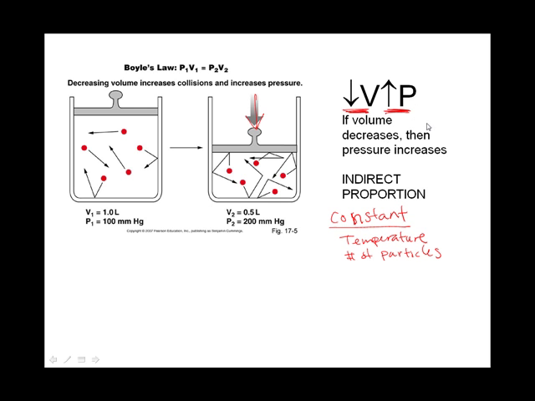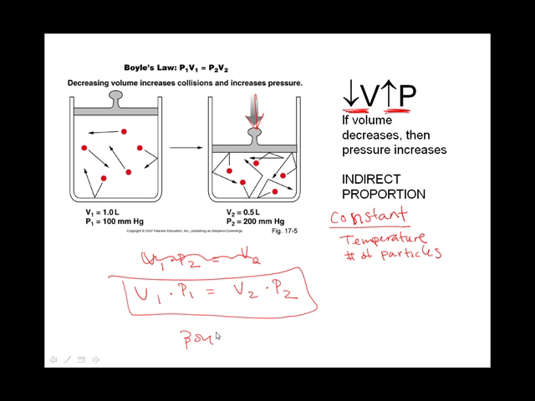So if I know that this is an inverse relationship, then I know that V1 times P1 must equal V2 times P2. And this is called Boyle's law, which is also up here.